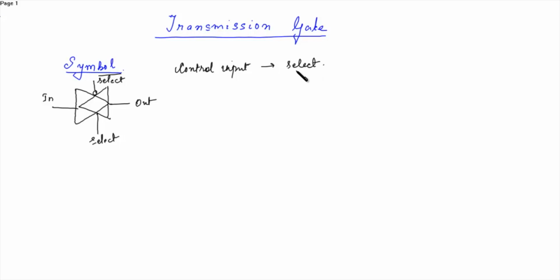which is given at the gate of NMOS, and the complement of it, that is select bar, is given at the gate of PMOS.